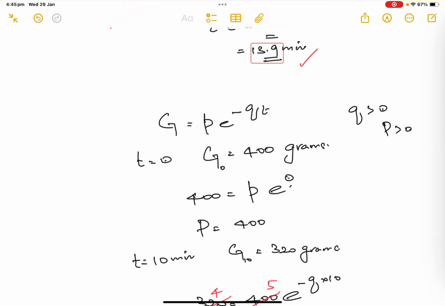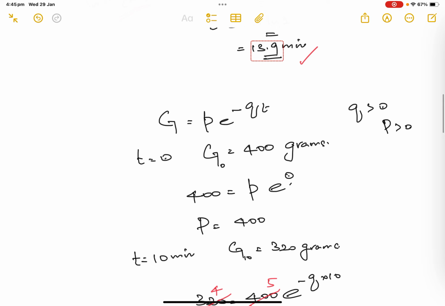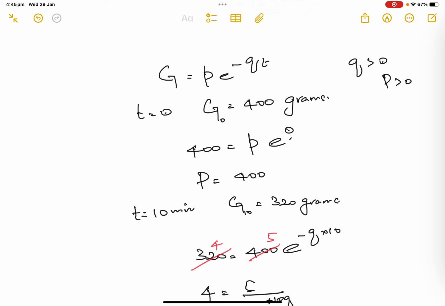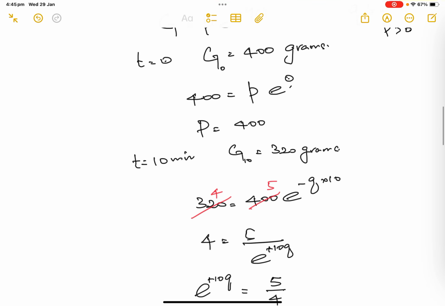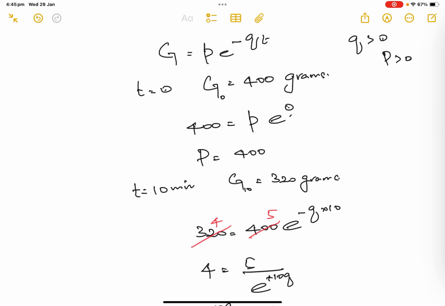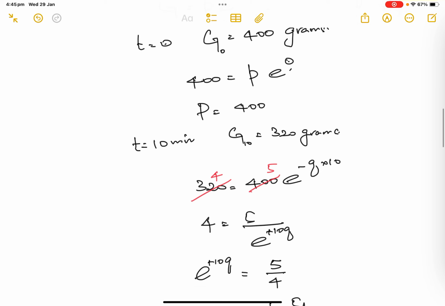At t equals 0, G0 is 400, because the initial mass of the substance is given. So 400 on the left-hand side, and on the right-hand side P times e to the power of 0, that is 1, so P is 400. So P is found.